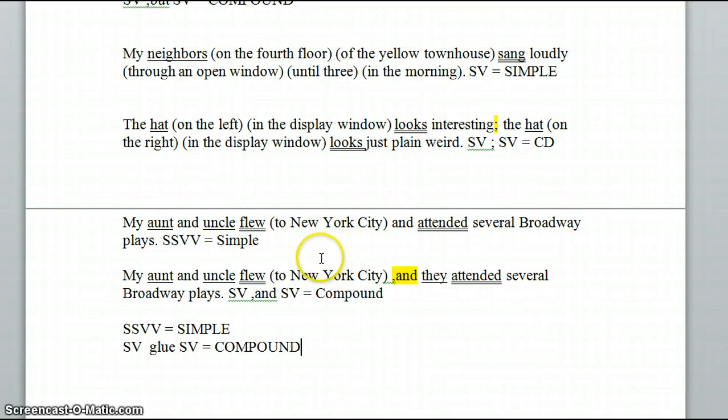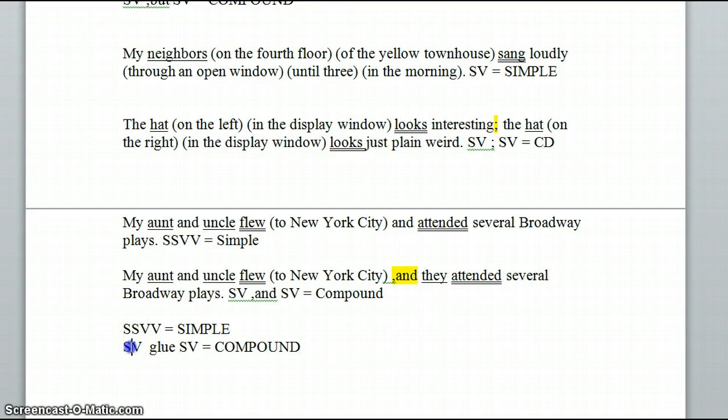Okay, I wanted to show you one more thing. We just went over this sentence. My aunt and uncle flew to New York City and attended several Broadway plays. This was an SSVV sentence, simple. This next sentence, same sentence, only I changed it a bit. My aunt and uncle flew, SSV, comma, and they attended.